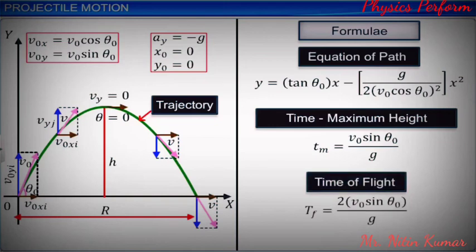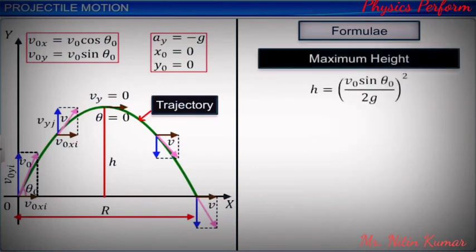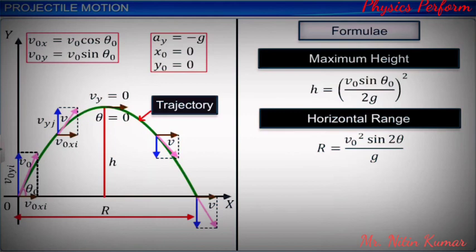The maximum height attained by the projectile: H is equal to (v0 sin theta 0) square divided by 2g. The horizontal range of the projectile: R is equal to v0 square into sin 2 theta divided by g. The maximum range of the projectile: R max is equal to v0 square by g.